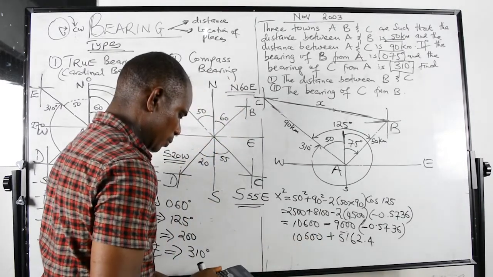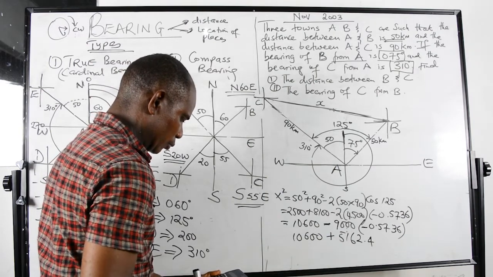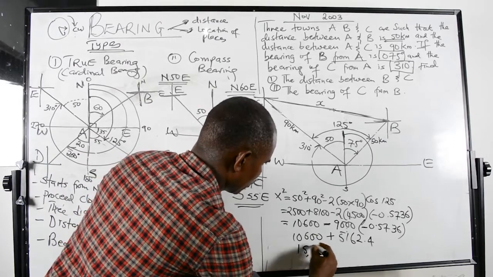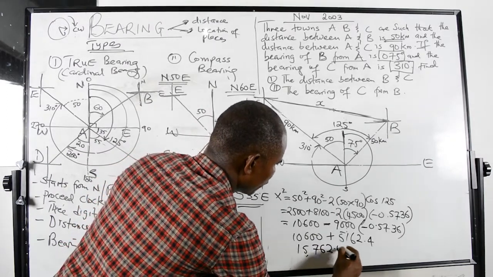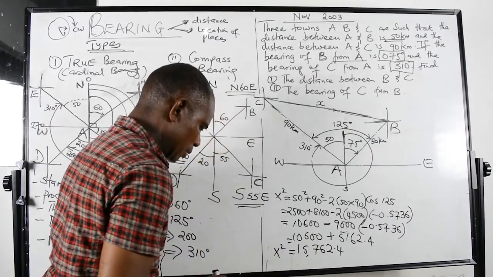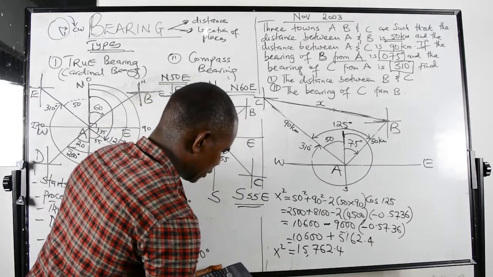This is plus 10,600, which is 15,762.4. So you add that. So if you take the root of that, you have 125.5.